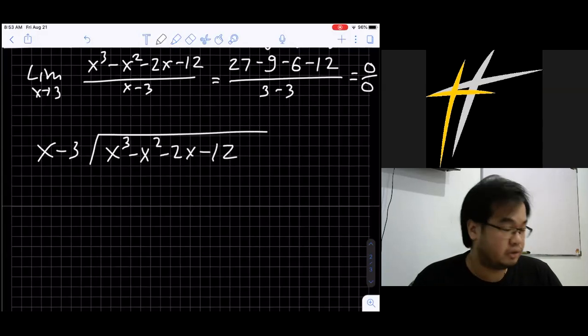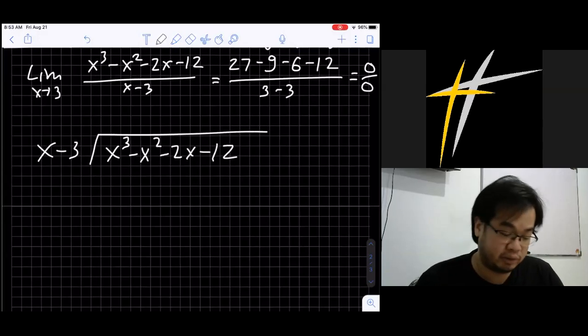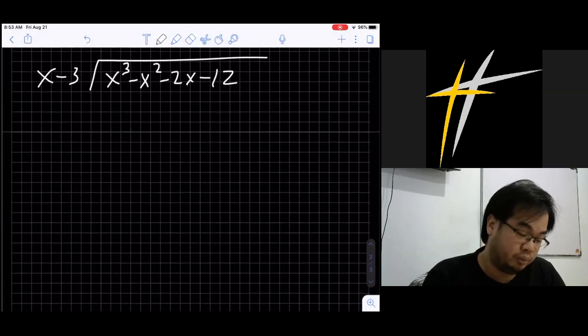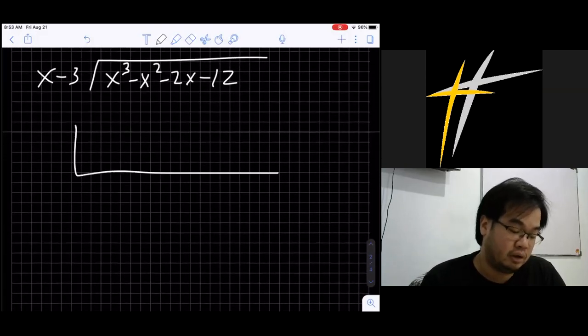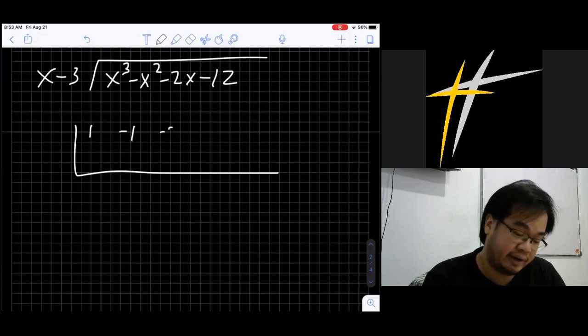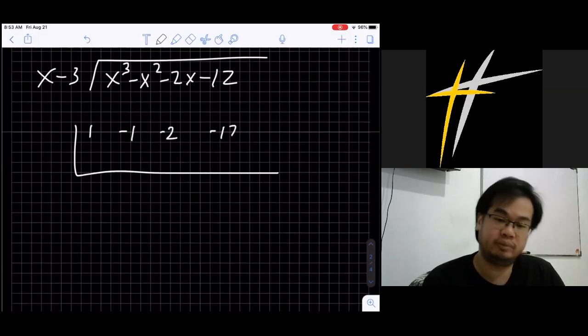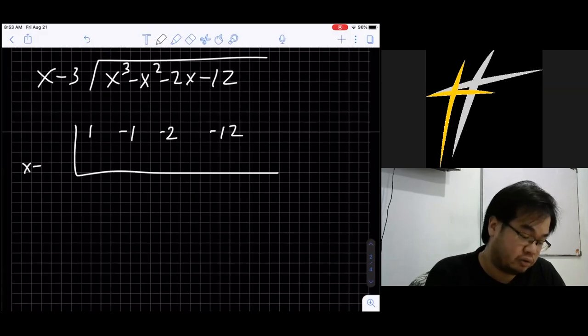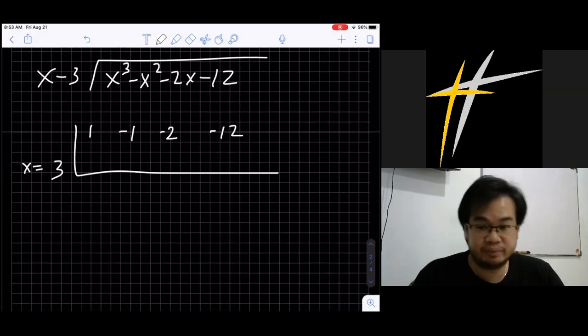But for this one, I'm going to use synthetic substitution. I hope you still remember. So this is the coefficient of x cubed, coefficient of x squared, coefficient of x, and then the constant. And this is x equals 3 as the divisor.